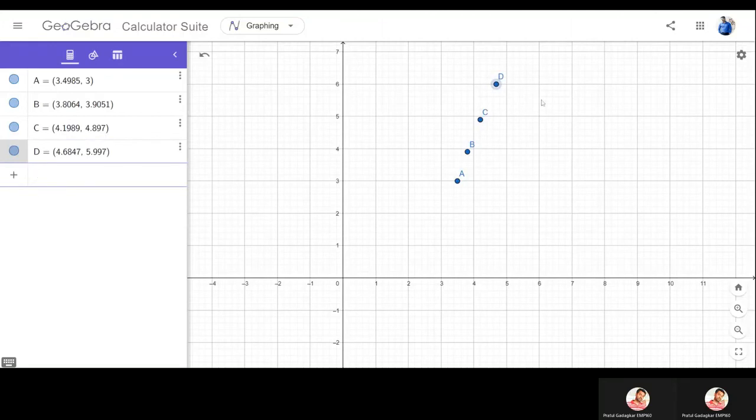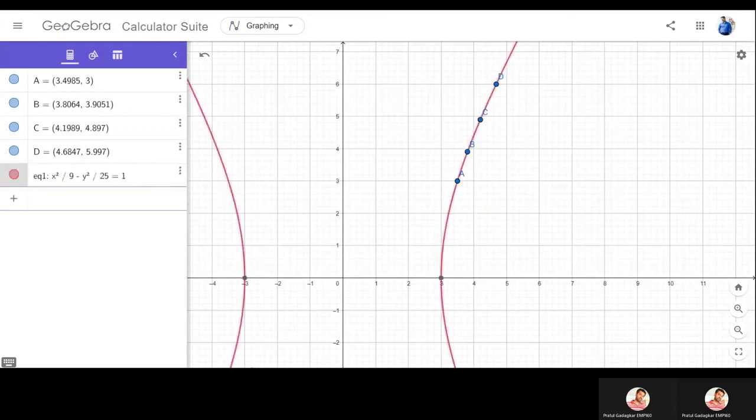You can see them accordingly on the sheet aside. And what was the equation of the hyperbola? The equation of the hyperbola was x square upon 9 minus y square upon 25 is equal to 1. So this is a hyperbola.